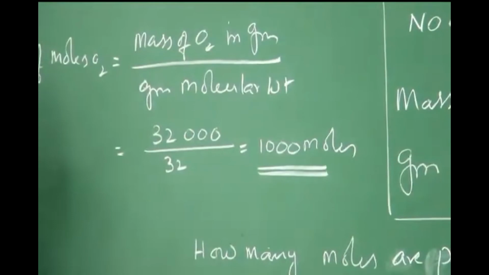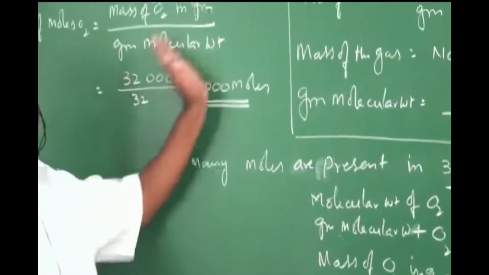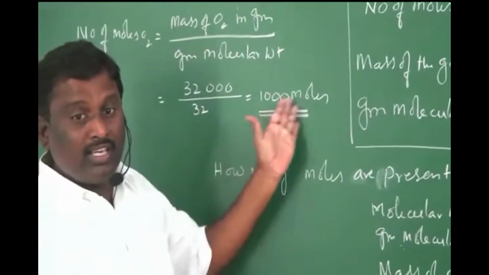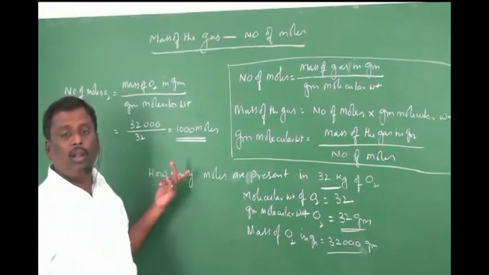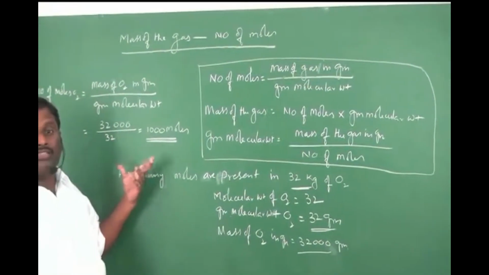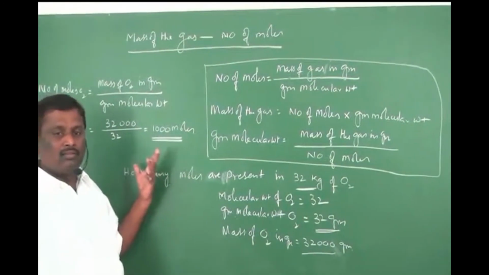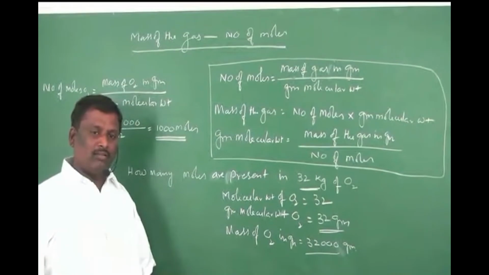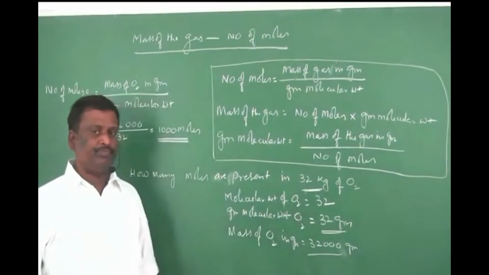Even without concentrating on the units, they simply write 32 by 32 as 1 mole. See how much error you are making. For 1000 moles, you are giving the answer as 1 mole. So your answer is 1000 times far away from the real answer if you do not concentrate on units.